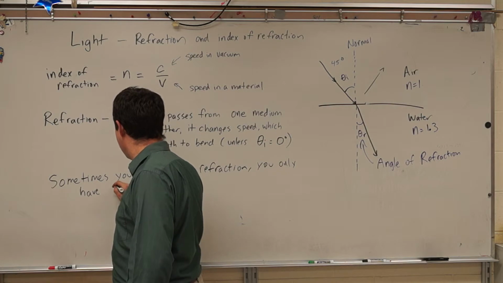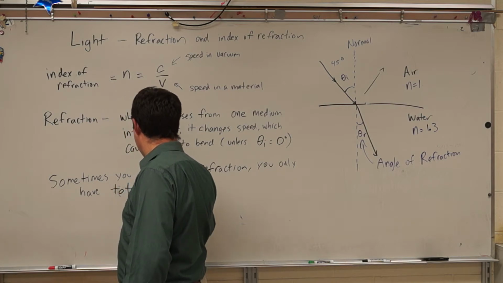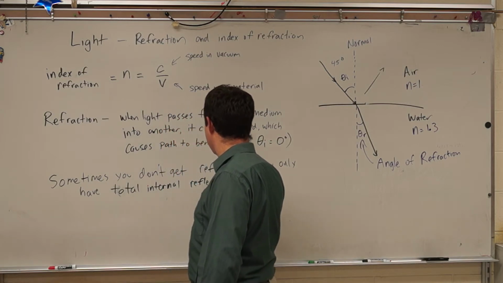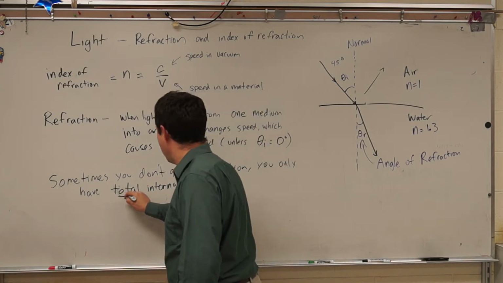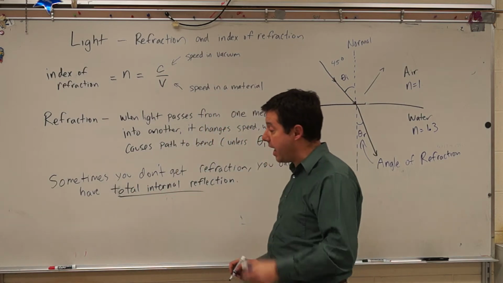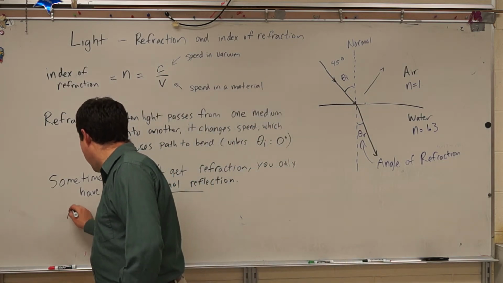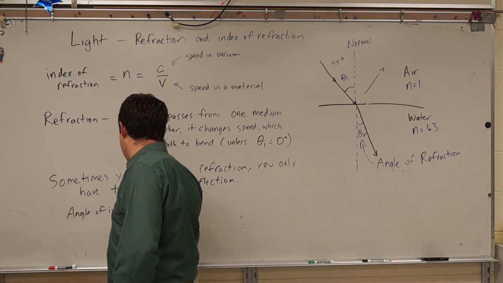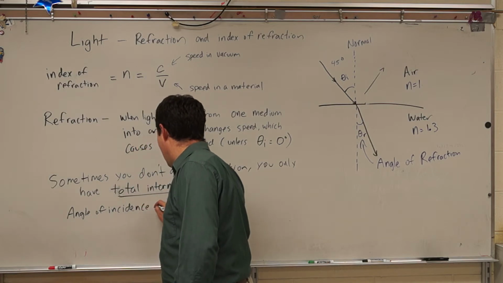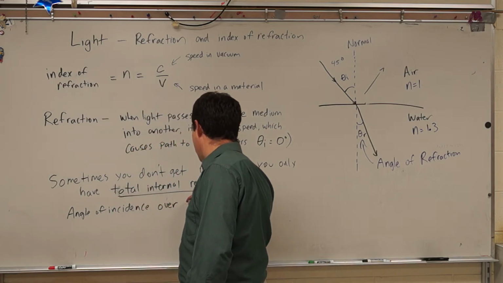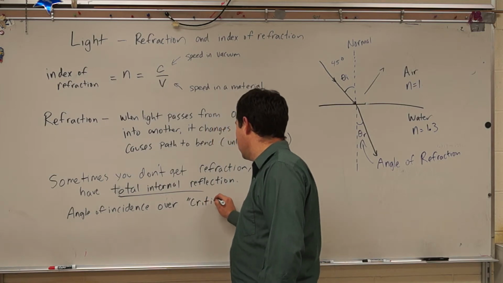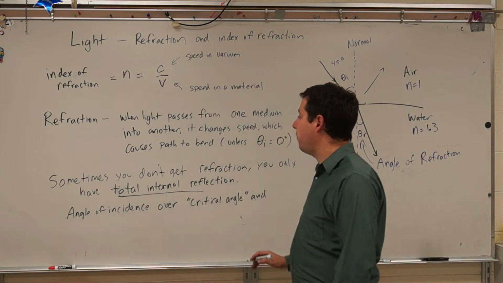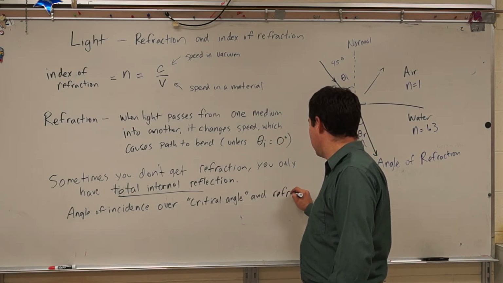It is called total internal reflection. And this happens when you get to a specific angle. You end up finding an angle of incidence over what we call the critical angle, and your refraction disappears.